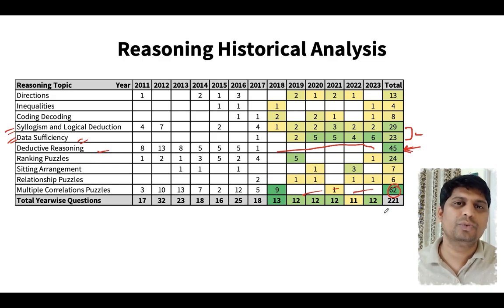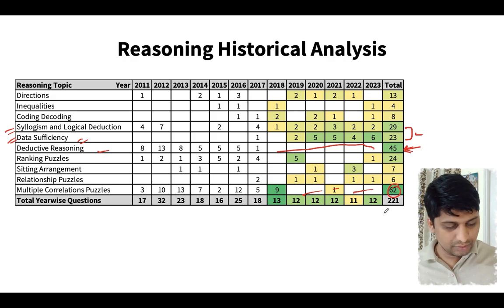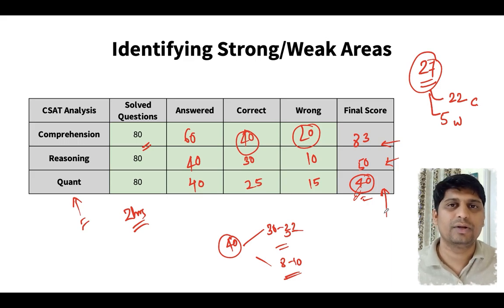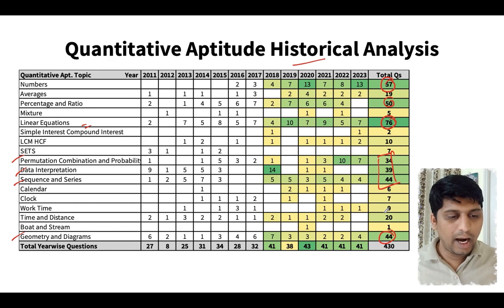So to achieve both these things, to solve faster and with high accuracy, the most important thing you need in CSAT is practice more than anything. As we discussed earlier, you identify your strong and weak areas. Strong areas, you make them stronger. Whatever weak areas are there, identify them and solve the previous year questions topic by topic.